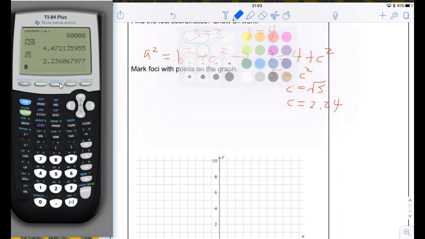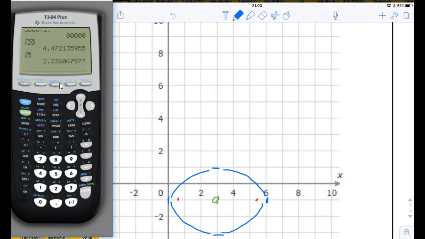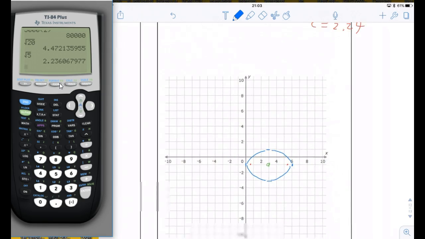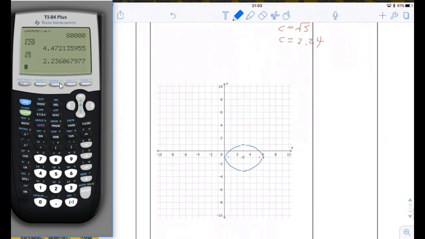So that means that the edges of the ellipse are going to be separated by 3 and separated by 2. I'm sorry, I said b value is 4, but the b squared value is 4. The b value is actually 2. So, okay, and the red points are the foci. Okay, and that's it.